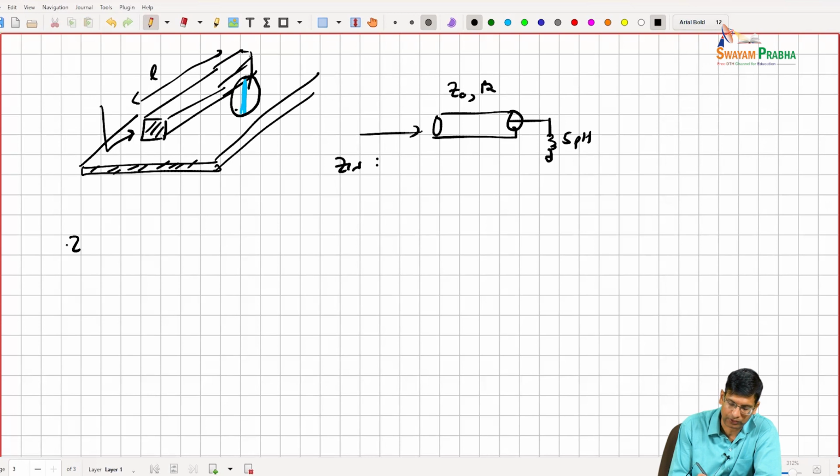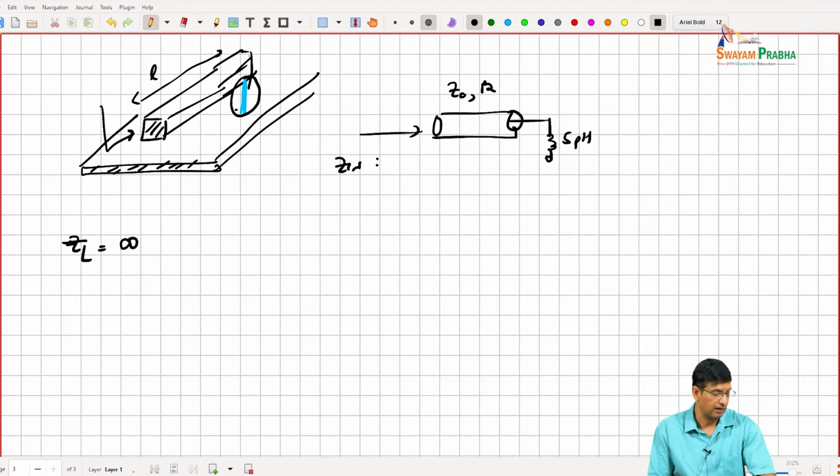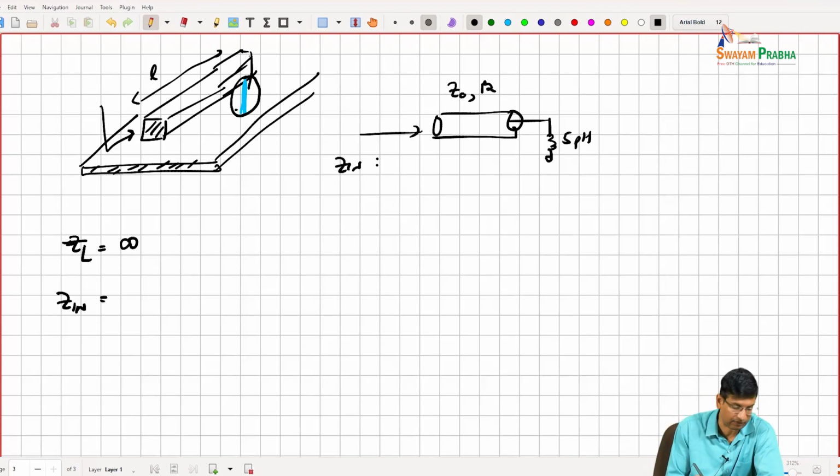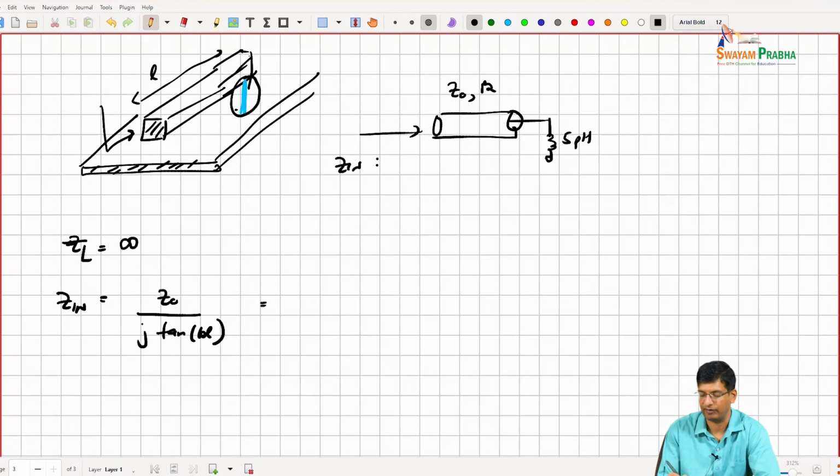Similarly, if ZL is infinity, or basically we have an open transmission line, then the Zin that we get is Z0 divided by j tan βL. This is effectively a capacitance.